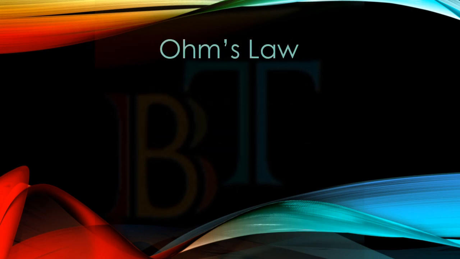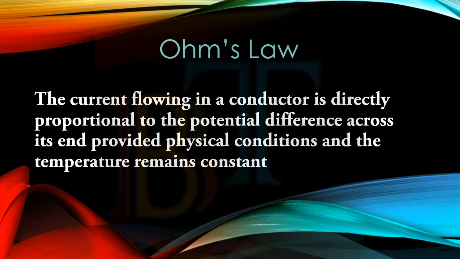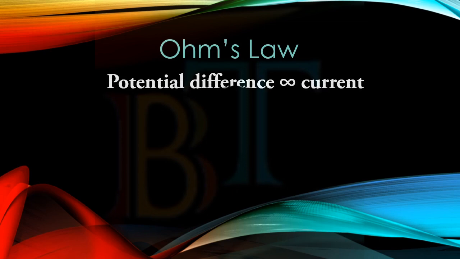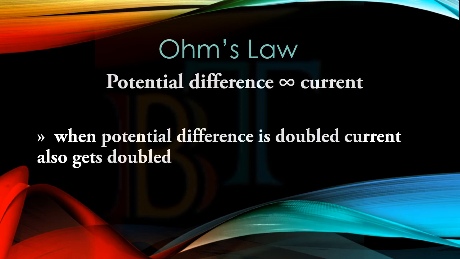Hence we can conclude, according to Ohm's law, the current flowing in a conductor is directly proportional to the potential difference across its ends, provided the physical conditions and the temperature of the conductor remain constant. The direct proportionality between current and the potential difference implies that if the potential difference across the ends of a conductor is doubled, the current flowing in it also gets doubled.